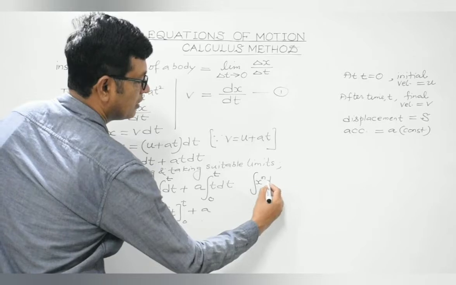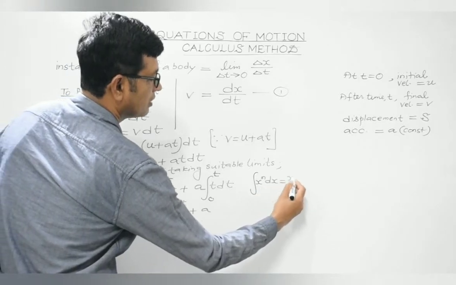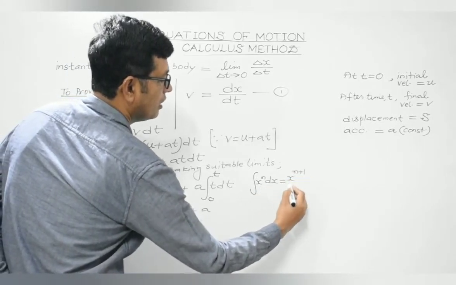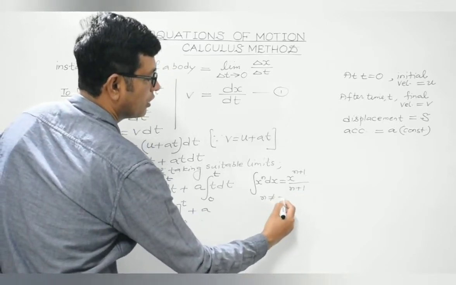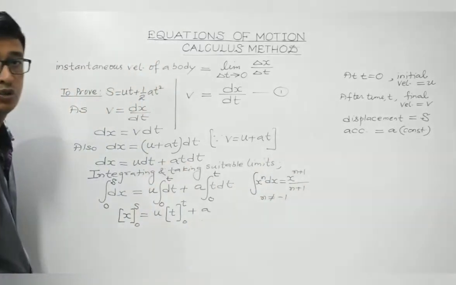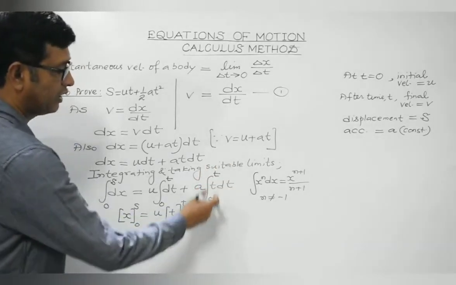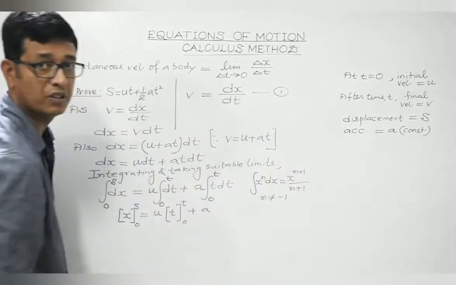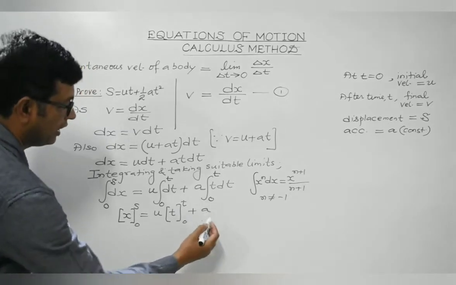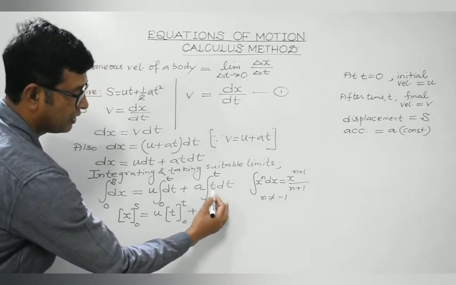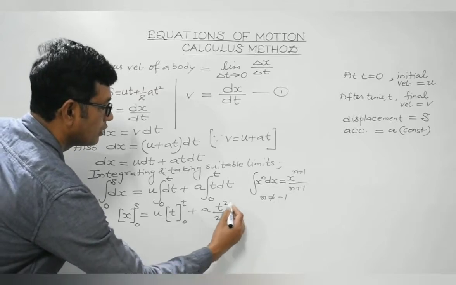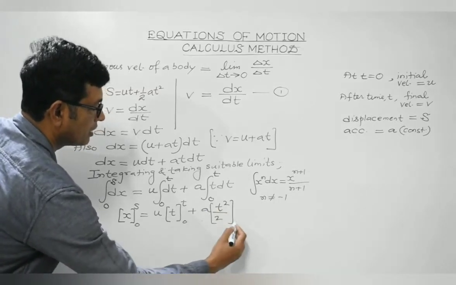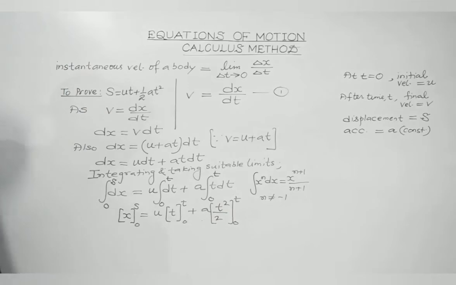Integration of x^n with respect to x is x^(n+1) divided by n+1, where n is not equal to minus 1. This is the formula to be used, isn't it? And this is the case of definite integral, so no constant is to be introduced. So in case of t, we will get t square by 2. Limits can be written like this.